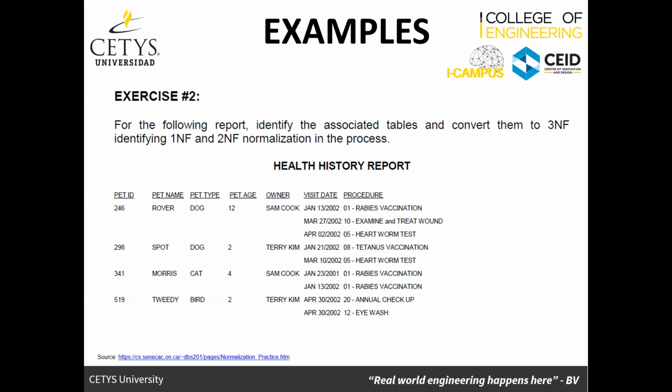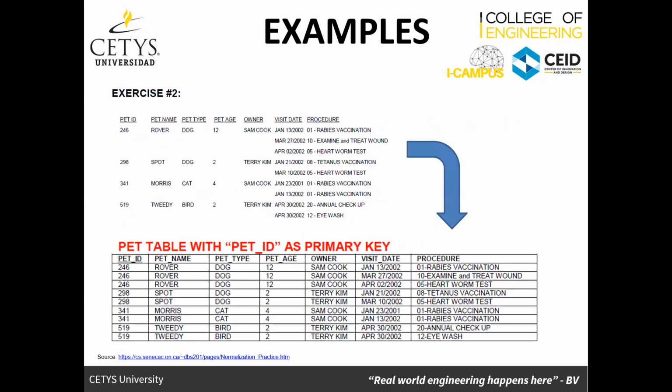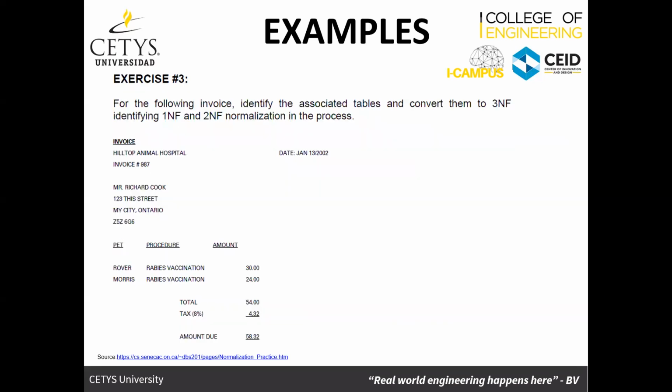Who is the primary entity here? It's the pet, because who's getting the rabies vaccination, the pet or the owner? The pet, right? I believe there are some owners that might need rabies vaccinations, but that's another thing.